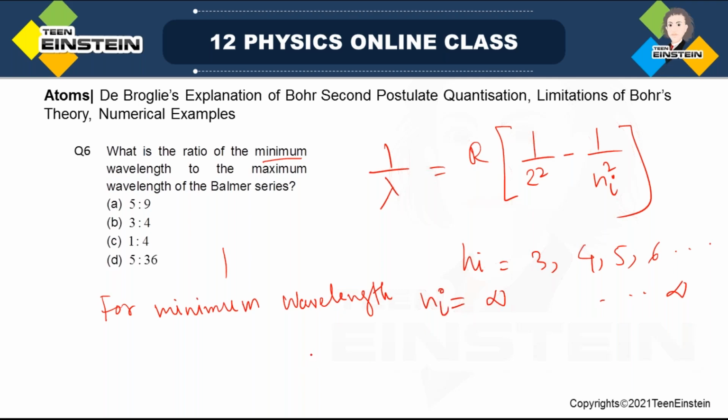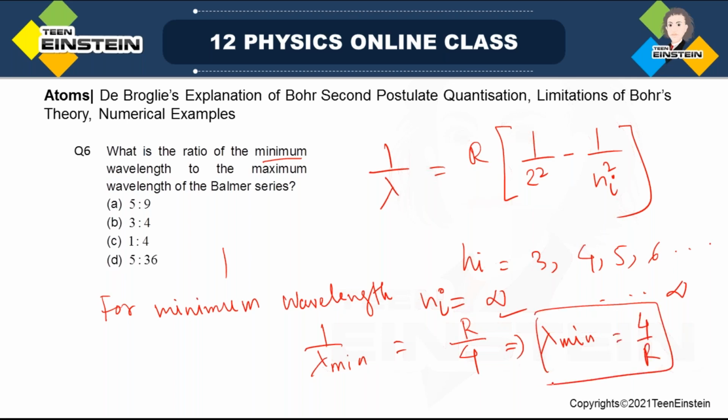Then we will get 1 by lambda minimum is equal to R by 4. So the minimum wavelength is 4 by R.